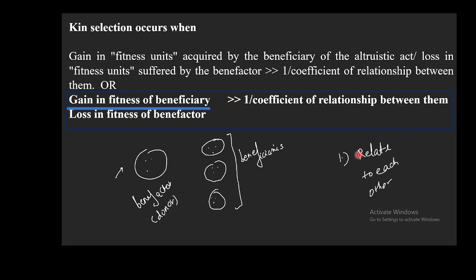If they are very, very close, then kin selection may not occur. But if the closeness is not very high, then kin selection is going to occur. Means if you are not too closely related, and the gain in fitness of the beneficiary is high in comparison to the loss in fitness of the benefactor, then kin selection is going to occur.